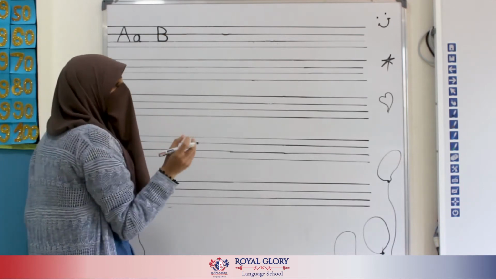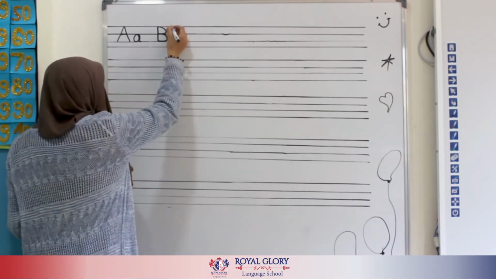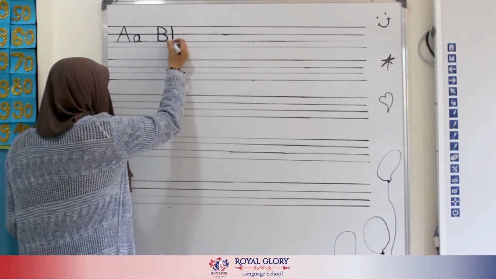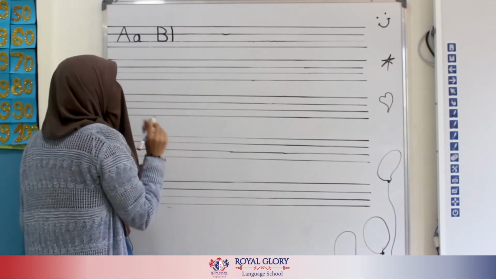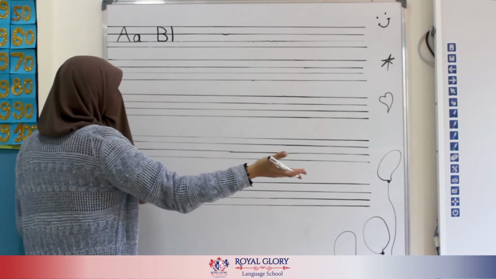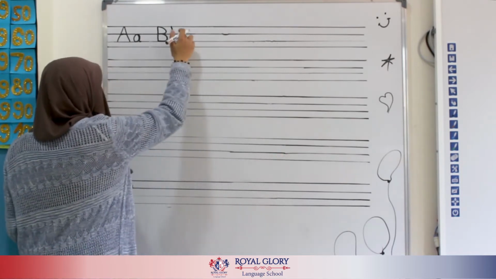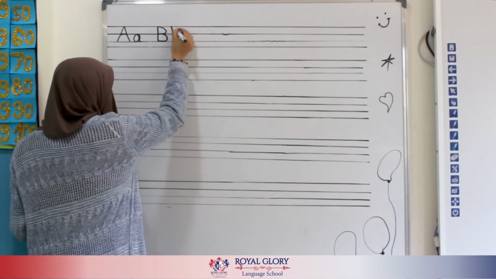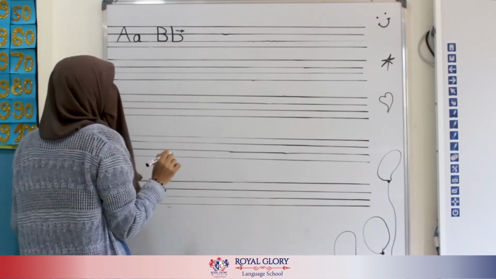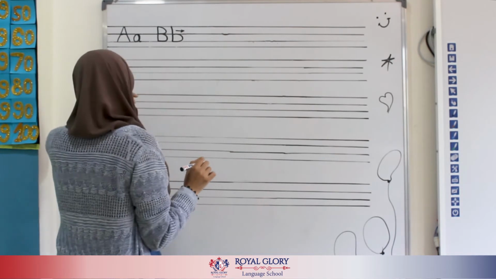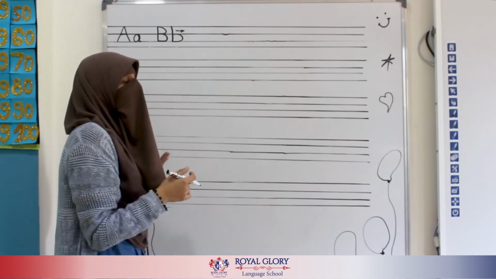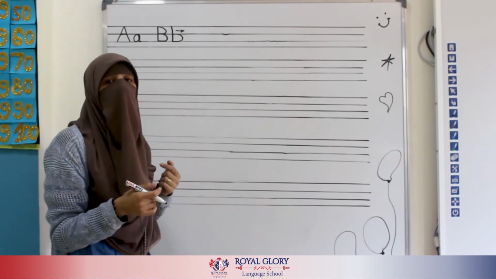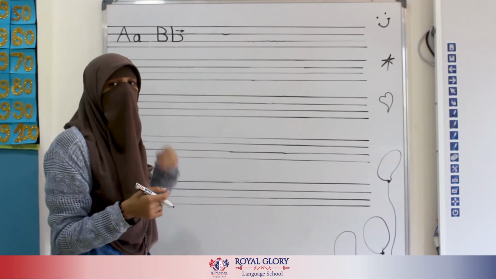Okay, the lowercase: standing line down and the small half circle right between line number 2 and line number 3, like this, okay? So, ba.